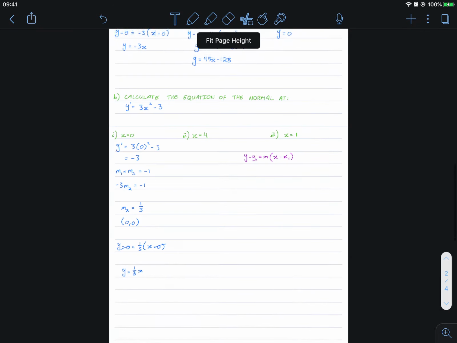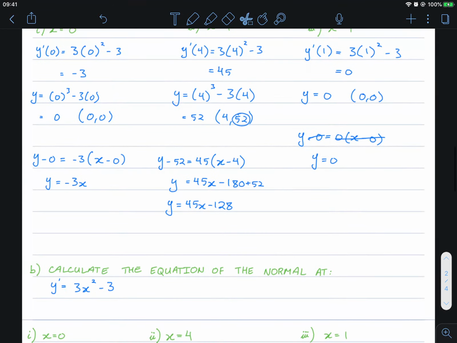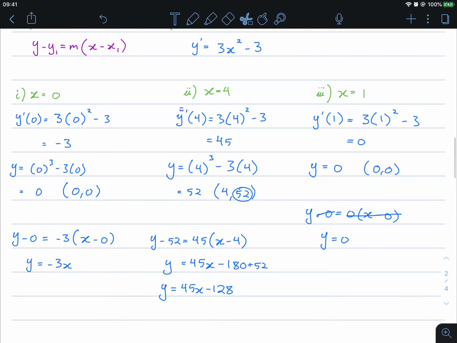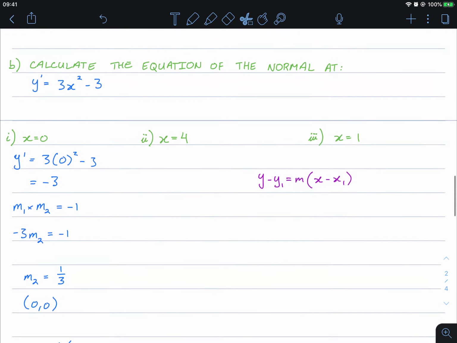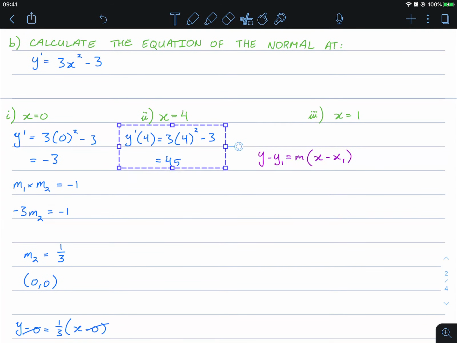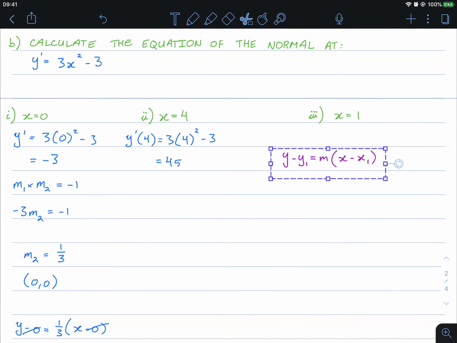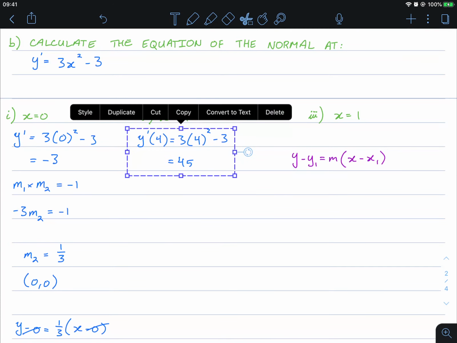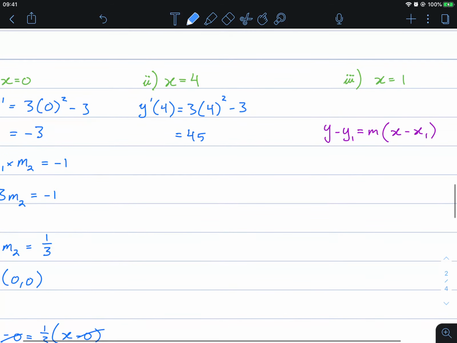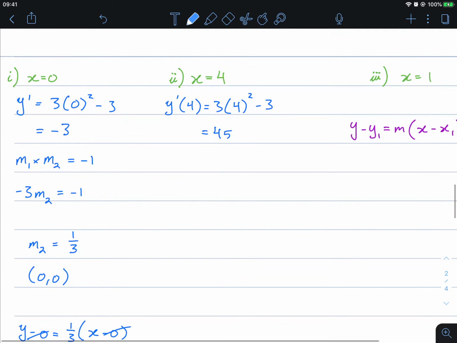Doing this again, just as a quick shortcut, we actually already have the gradient of the tangent. So here we are. So this is the gradient of the tangent. All we now need to do is find the gradient of the normal. Once again, I hope we can recall that the gradients of perpendicular lines, when we multiply one gradient to its perpendicular line, we get -1.